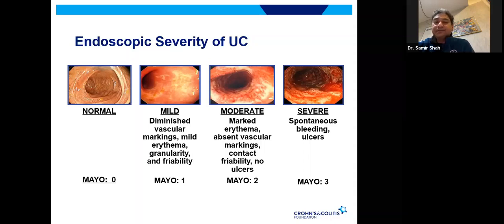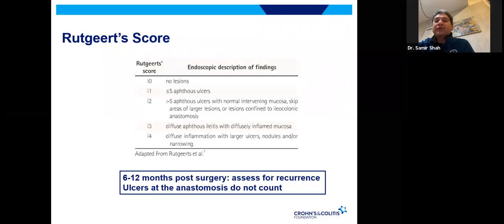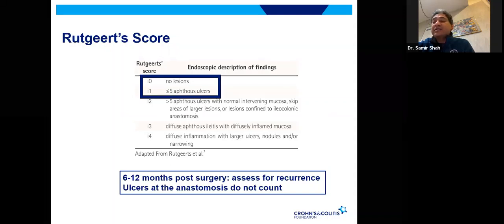Next slide. When we're talking about post-op recurrence, there's a scale called the Rutgeerts score, named after Paul Rutgeerts, who was a gastroenterologist in Belgium, and he developed this score. Next slide. Basically, when we look inside somebody's colon where they've had surgery and they've had part of their ileum and cecum removed and have an ileocolonic anastomosis, if we look at the ileal side, we'll count the number of ulcers we see.